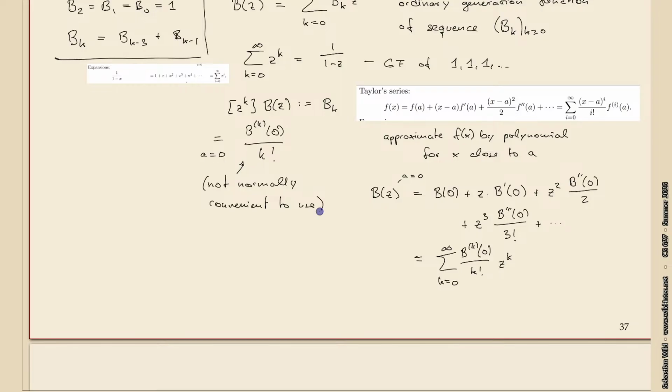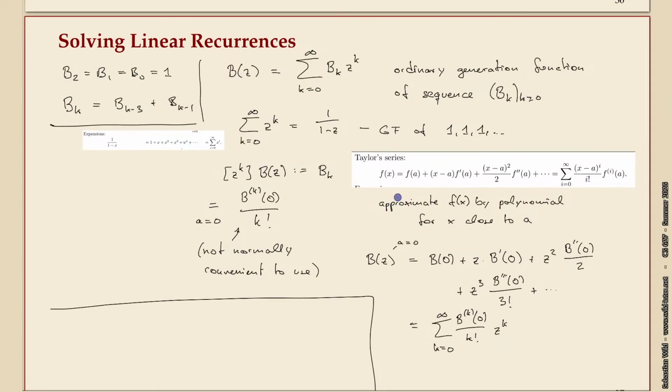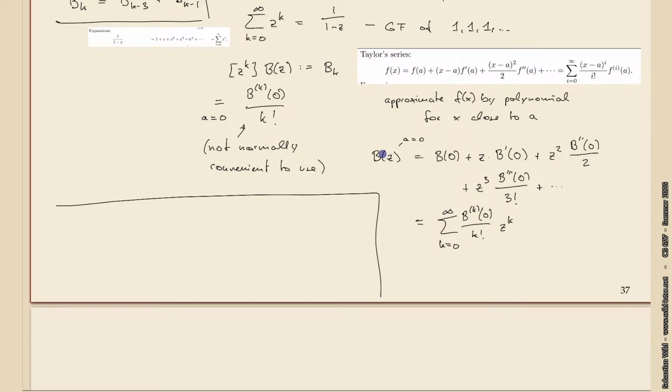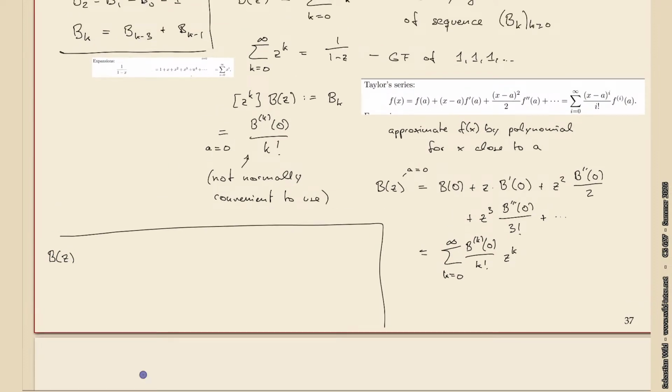So what we'll do is start with our actual sequence and try to get something better than this general representation for the generating function. I'm starting here so that we still have the recurrence with us.